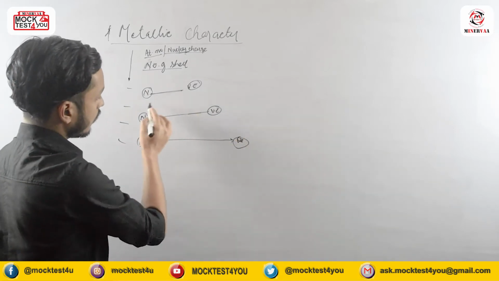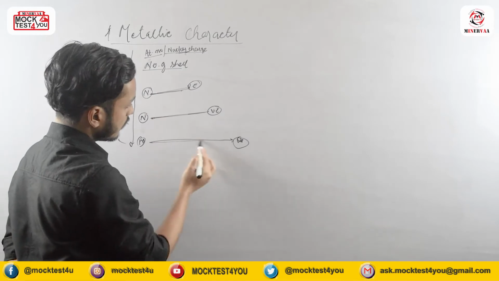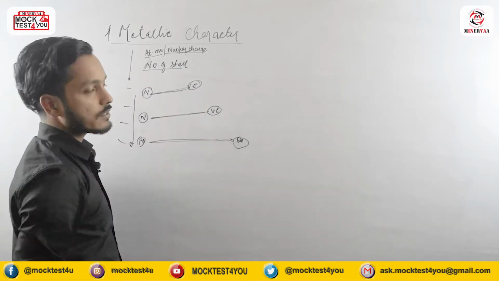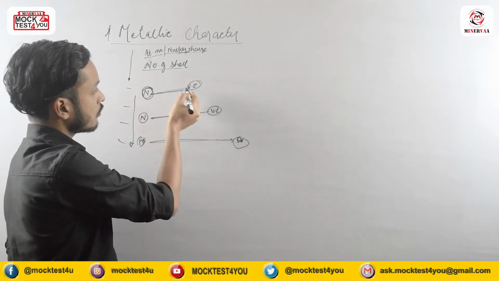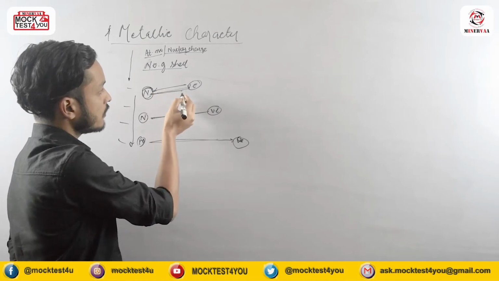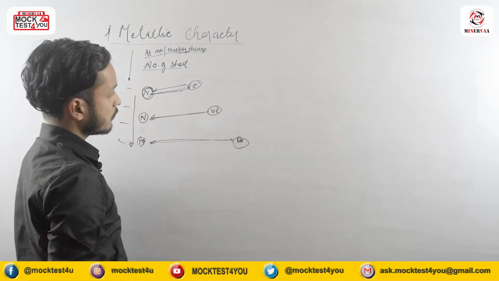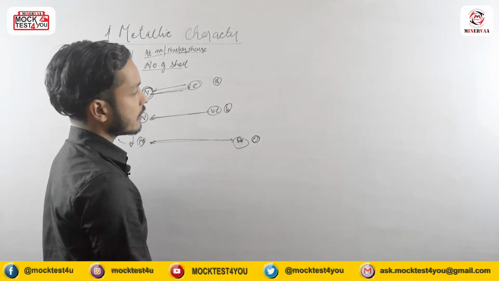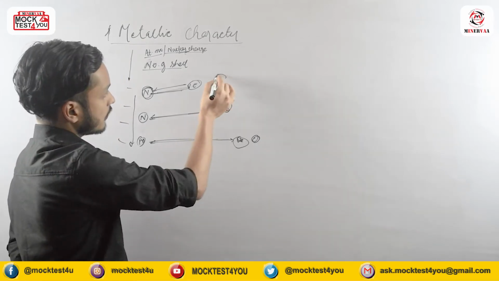And since this distance is increasing, the attraction pull of the nucleus will decrease, because the valence electron is going far away from the nucleus. Like if you take this as A, this as B, and this as C, then in which case will the attraction be more?